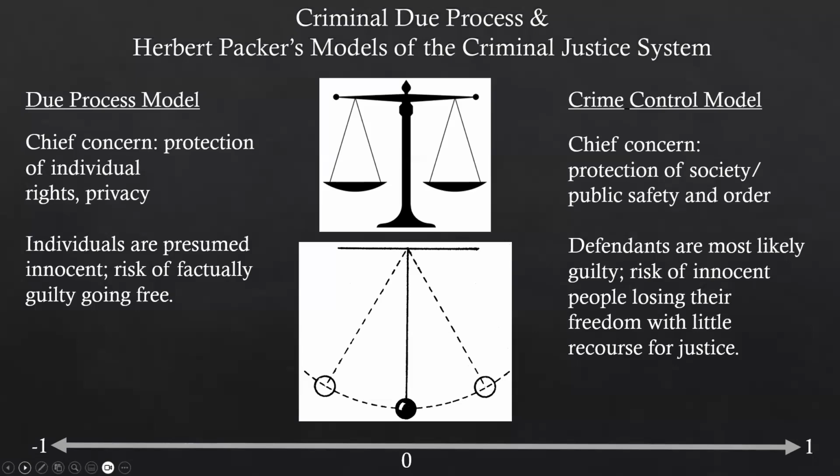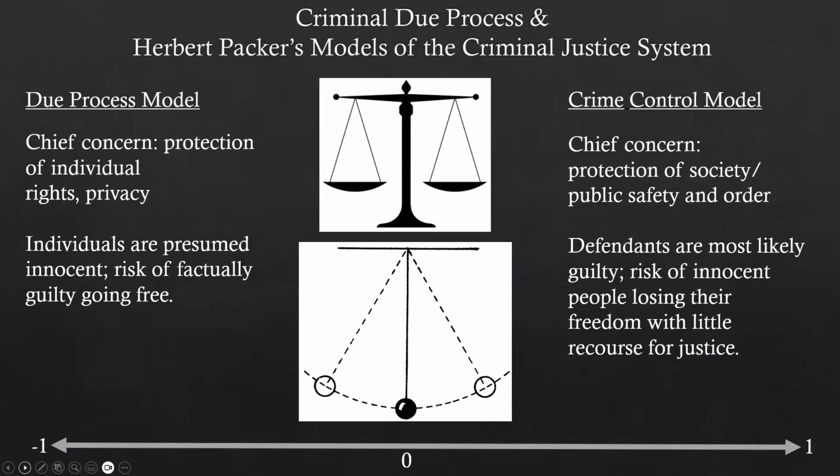And then the more we give to crime control, the more we're going to take away from due process protections. So it's called a zero-sum game. You can't have it both ways, because the more that you move towards the crime control side of things, the more you're taking away from due process protections. And the more you move towards due process protections, you're taking away from government discretion and crime control.